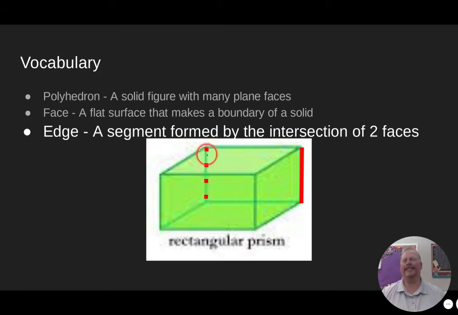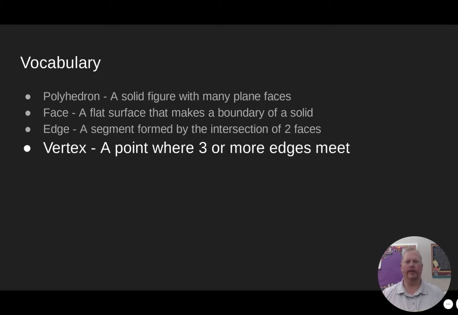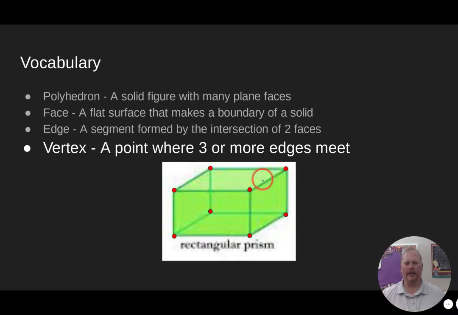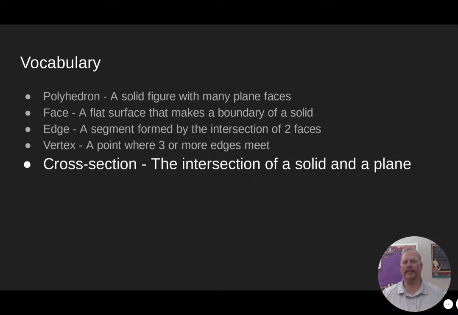So you can see it's there, but it's hidden behind the other stuff. Next is the vertex, and that's quite simply what you think it would be. It's the point where 3 or more edges meet. So here on that same shape, you can see each corner is a vertex.